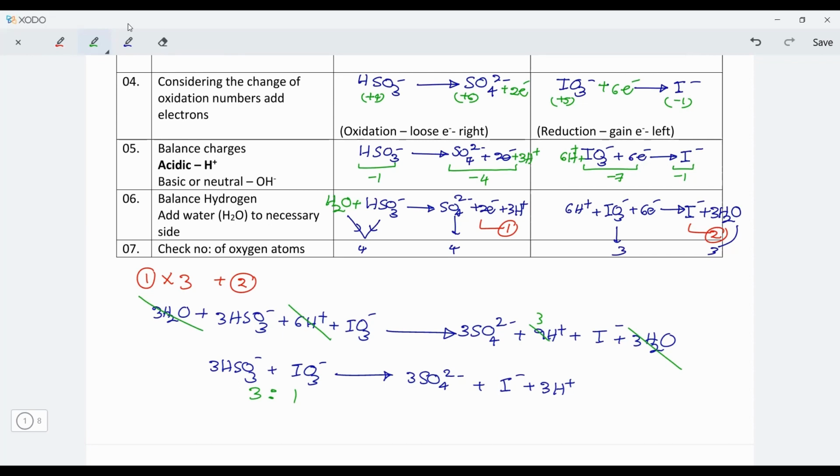That means 1 mole of IO3 minus will react with 3 moles of HSO3 minus. In chemical calculations, you have to use those ratios and do the question. Okay, and this is how you balance this reaction completely. And later, I will teach you how to balance the same reaction using oxidation numbers without writing several steps like this.